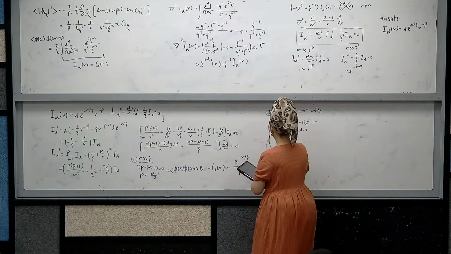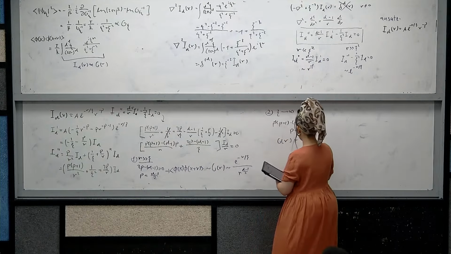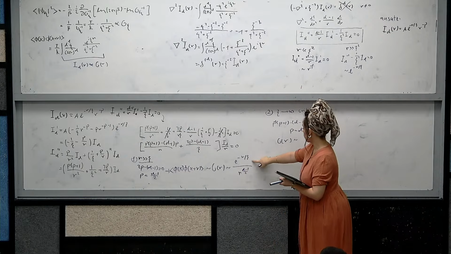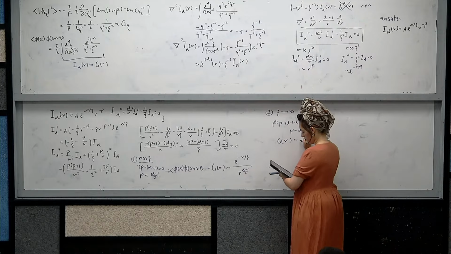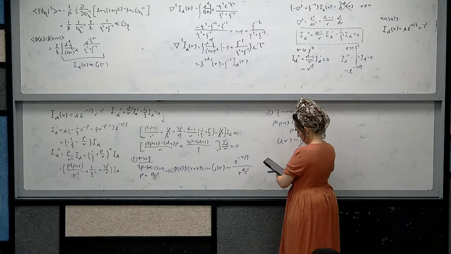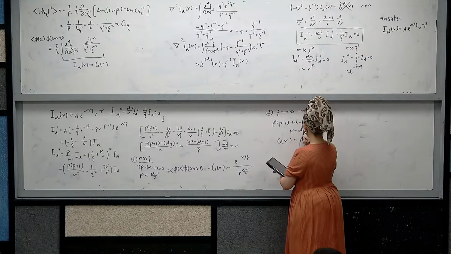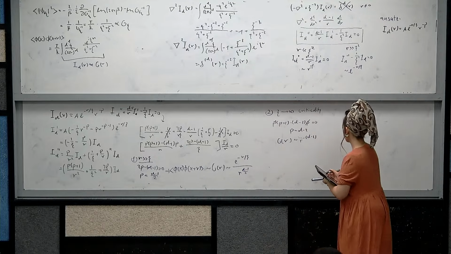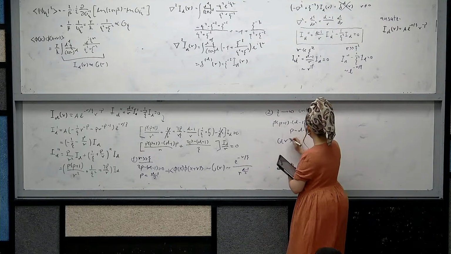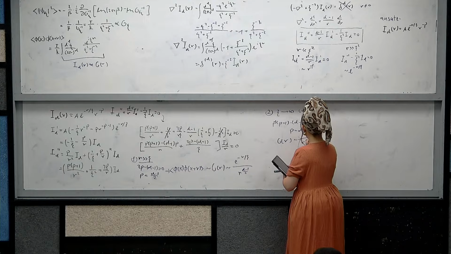So when xi goes to infinity, the exponential is just 1. So we have just r to the power of minus (d minus 2). Okay, maybe I'll write it this way.